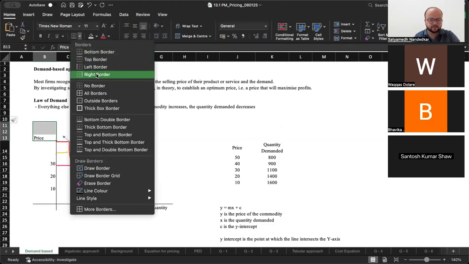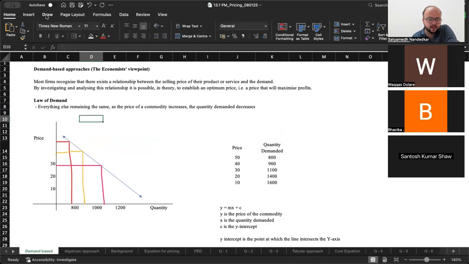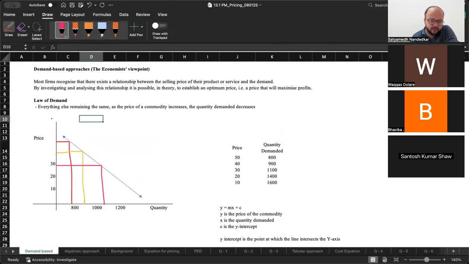Now observe. If I were to extend this line, this is my line, I'm extending it a little bit. Observe this point. This is my y-intercept, the point where the line cuts the y-axis.